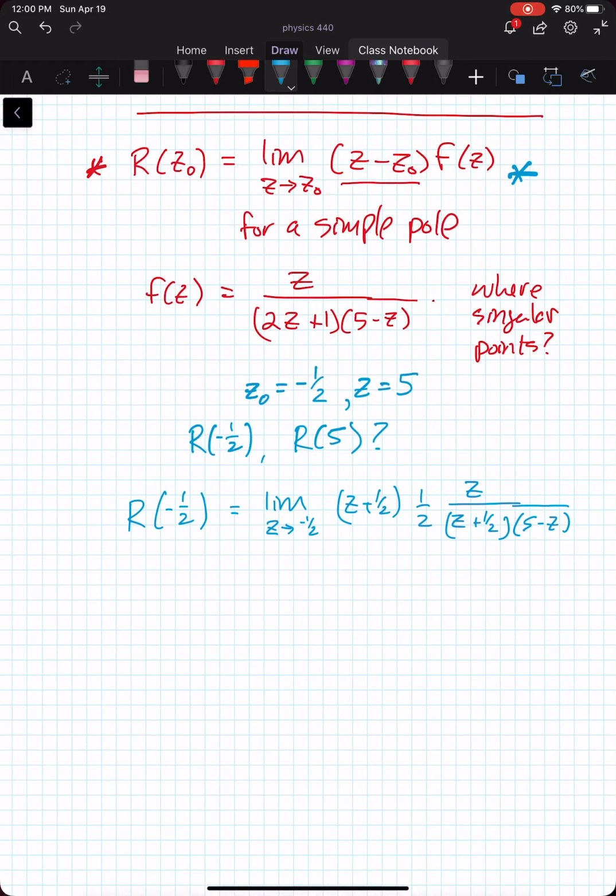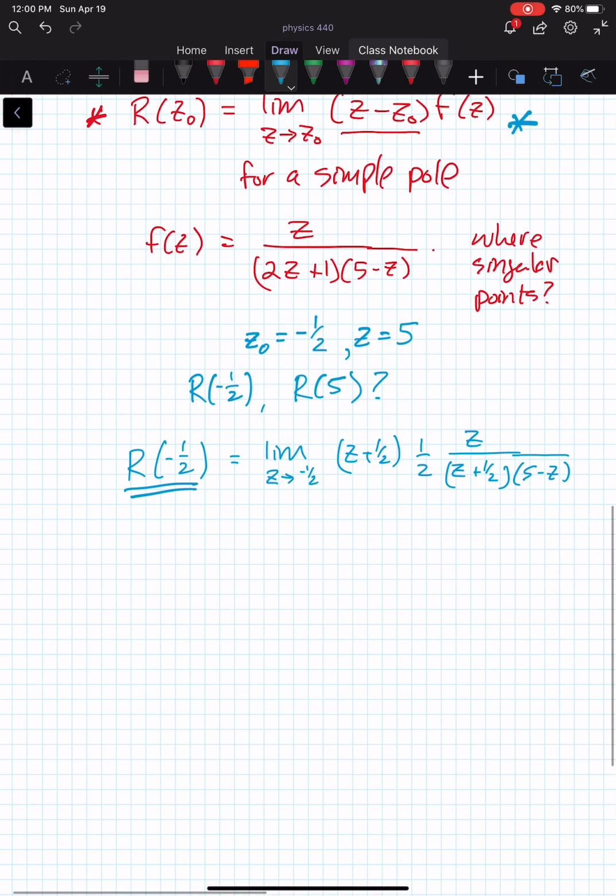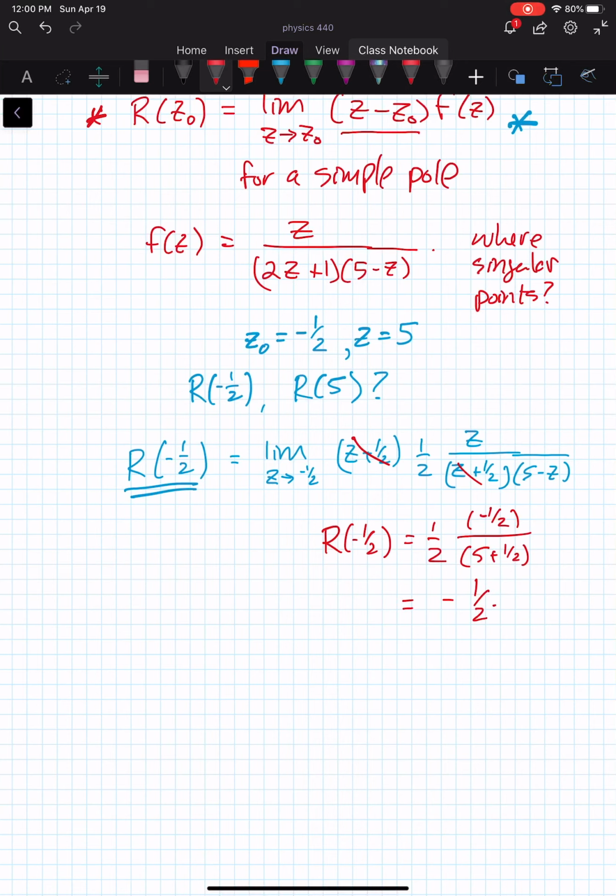All we're doing is trying to isolate this point, right? So obviously these go away, and we're left with the residue at minus 1/2 equal to 1/2 times minus 1/2 over 5 minus 1/2, and if I did my math correctly, you should get minus 1 over 22.